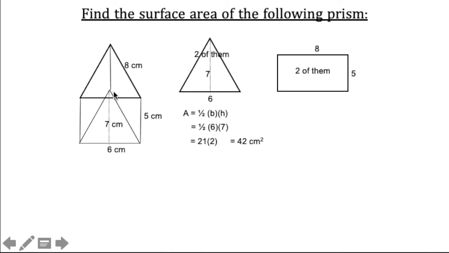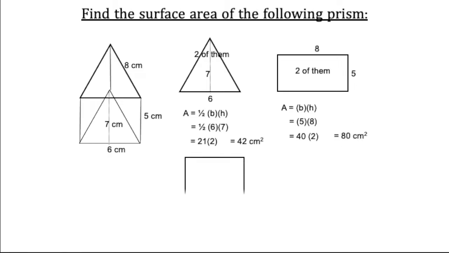But there are two of those because there's this one and an opposite one on that side. The area is base times height, as we know for a rectangle, and then it is 40, but multiply by 2 because there are two of them, you get 80 centimeters squared.